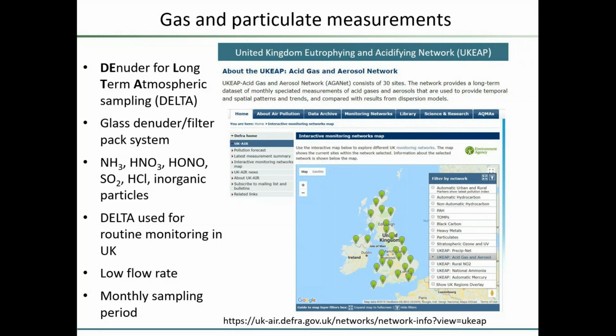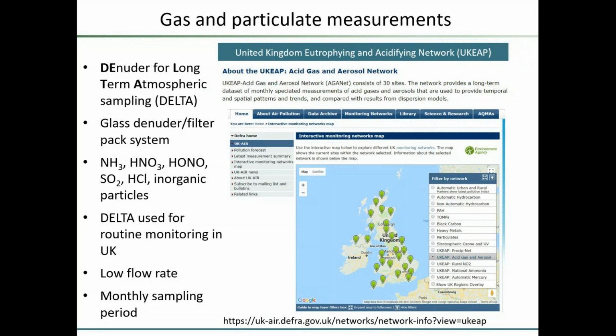so ammonium, nitrate, sulfate. And as it's deployed in the UK, it uses a low flow rate, so about 320 cubic centimeters per minute, and it's deployed for a month at a time. So this denuder filter pack system samples for a month. They are taken back to the lab and extracted, and this network gives them air concentrations of a monthly integrated time step.